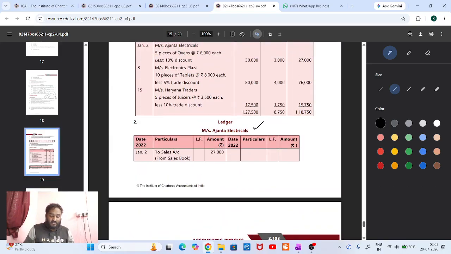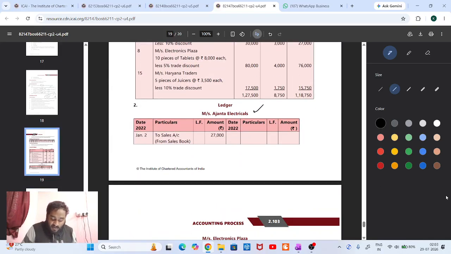Do you want me to explain ledgers? No, I don't think so. Sales: debtor account debit to sales. Why? Whenever you sell something, selling is income for us, so sales are credited. Why do we debit something?